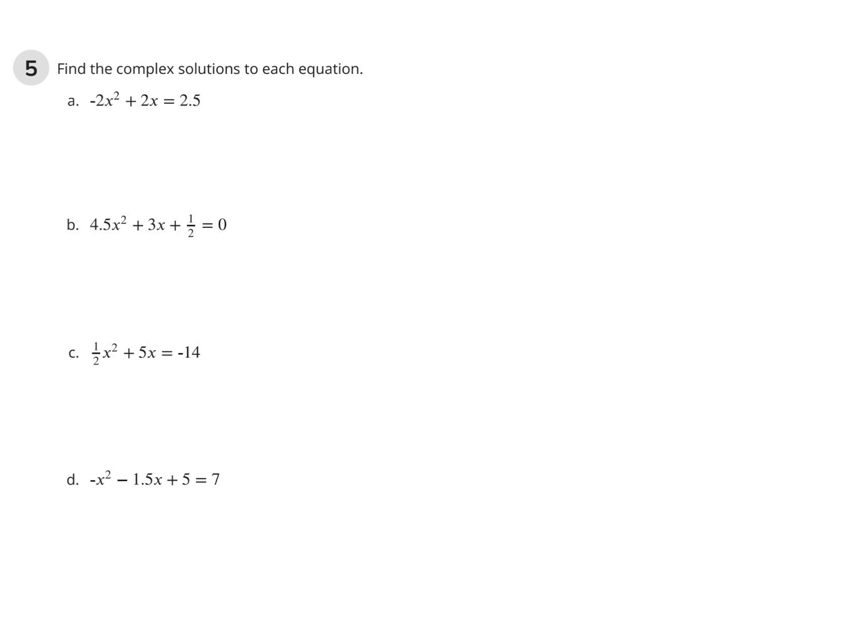So this is equal to 0 already. So now negative b, plus or minus the square root of b squared minus 4 times a times c. Now this is going to be interesting.